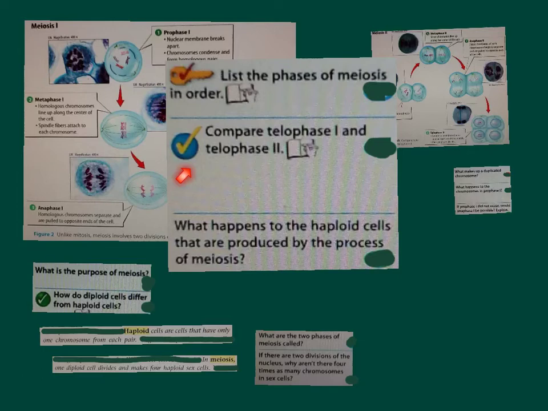Reading check question, compare telophase 1 and telophase 2. And the third one, what happens to the haploid cells that are produced by the process of meiosis? So go ahead and pick one of those 3. Write it in your science journal and answer that question. Please, again, remember, have it already written down so that when you get to class, you have the answer. Okay, thank you.